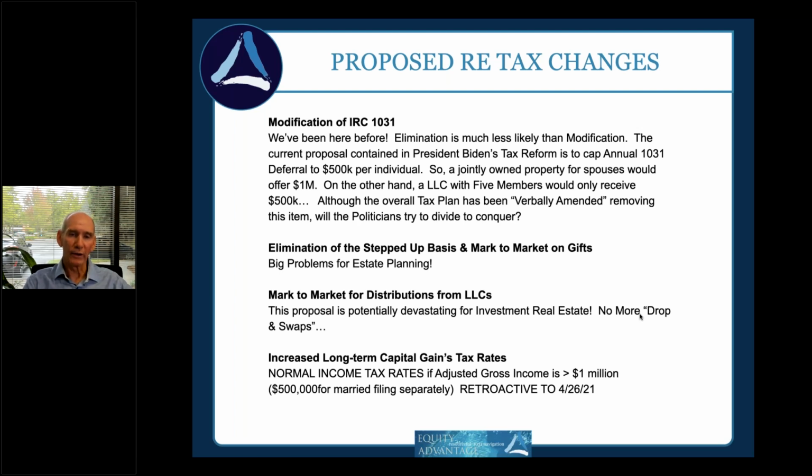So be aware of that. If you're trying to do some gifting before laws change, make sure you're talking to your tax people now, sooner rather than later, so you can understand what's being proposed and maybe how you can address these things. So on gifts, we'd look at mark to market.